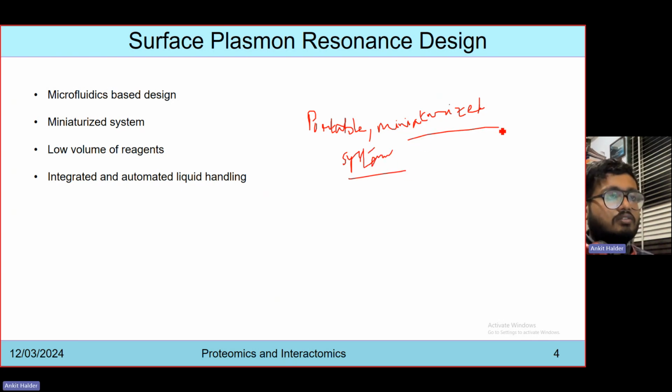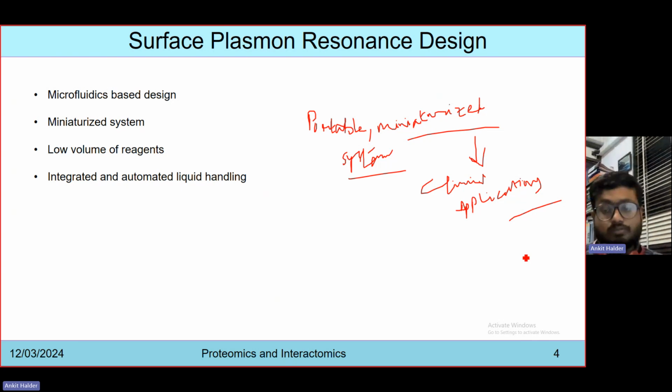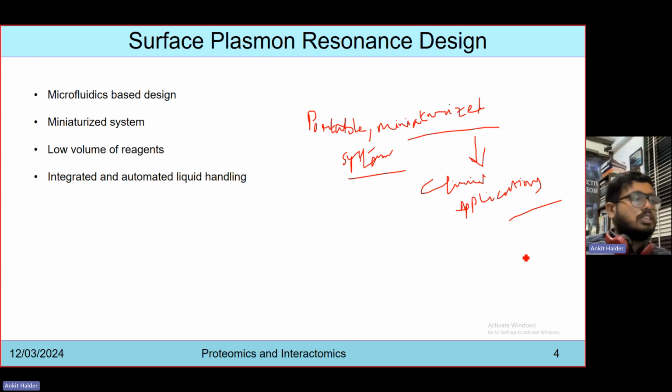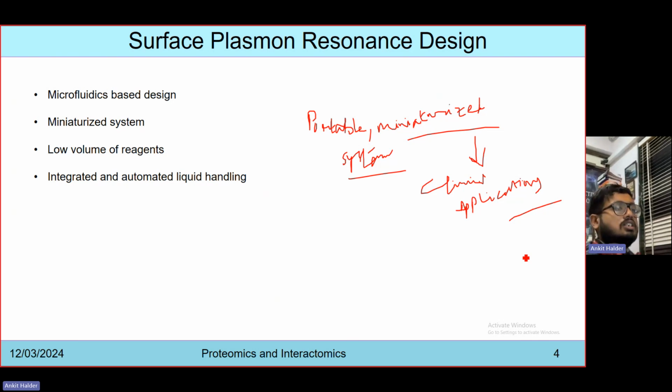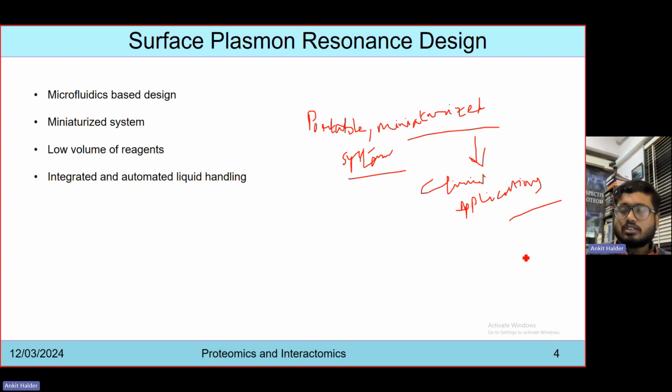Whatever we get from a portable miniaturized system is very useful in clinical applications, because with large machines, if you cannot move them across, if it is not portable or not handy, then you are saying that it is not so useful or not so much taken forward.